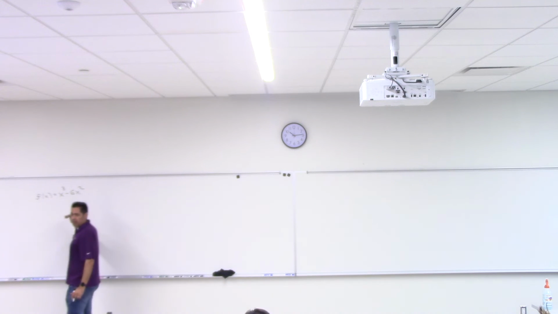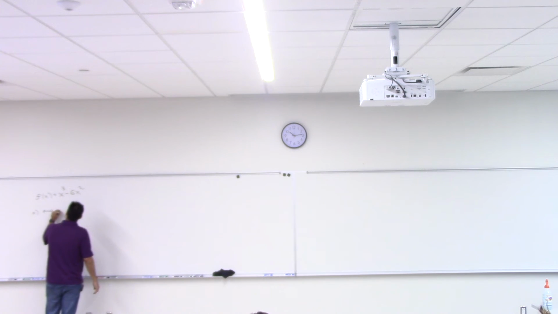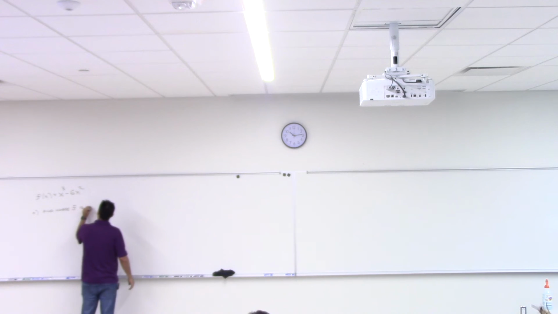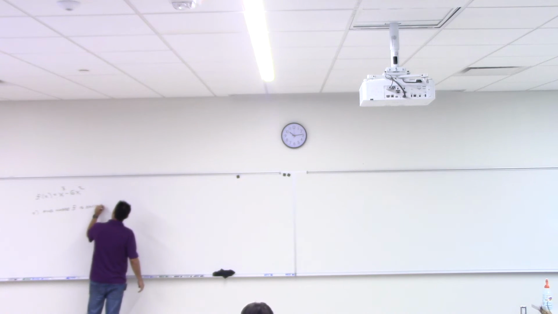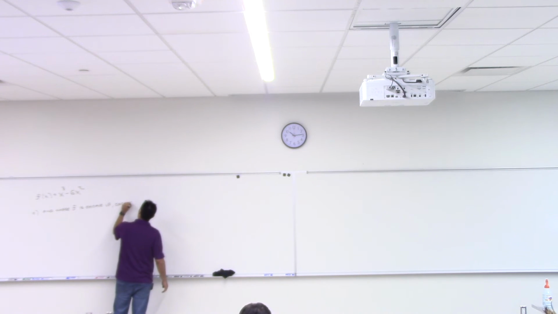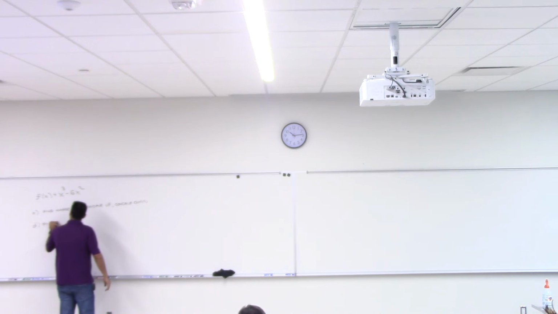We did part A and part B. I want to find where f is concave up, and then where it's concave down. And then part D, I want to find any inflection points.